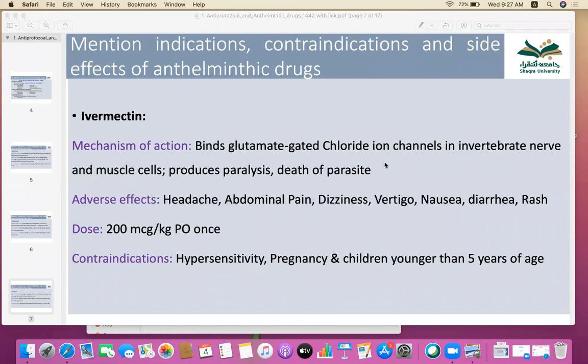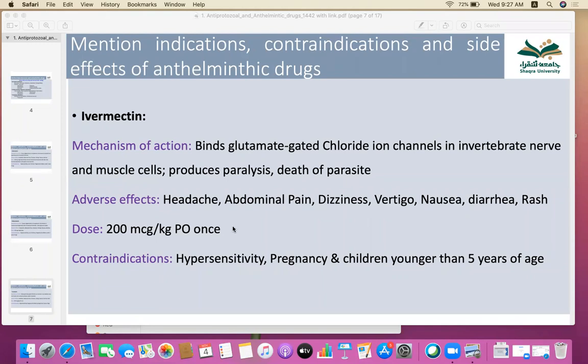So the worm is paralyzed and not able to hold on to the intestinal wall, and due to the peristalsis movement of the intestine, it will be expelled from the body via feces. So it causes the paralysis and the death of the parasite.